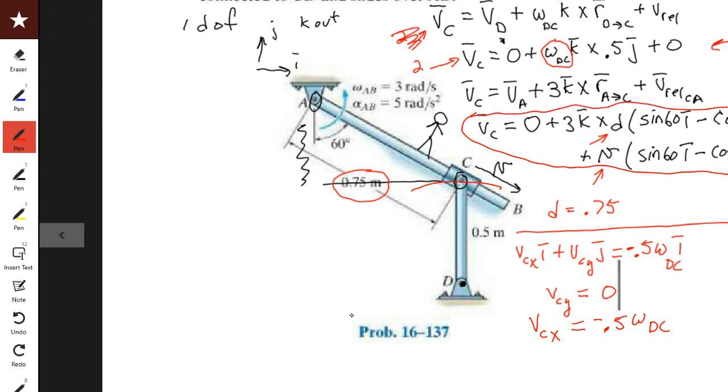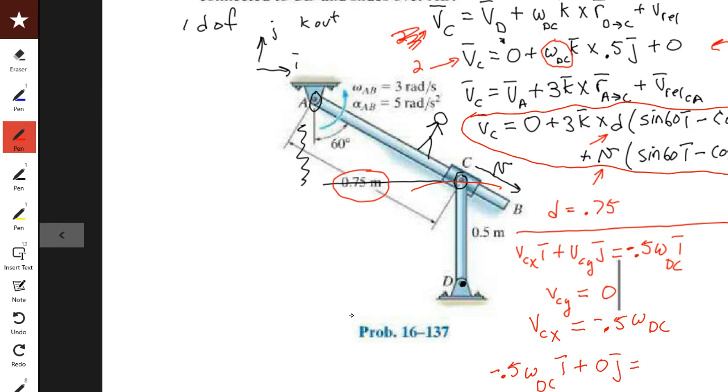Okay, so vc, well that is a minus 0.5 omega dc. That's vcx. That'll be in the i. Plus, what's the velocity of c in the y? 0, j. Okay, so that's the velocity of c. And that equals, let's do this cross product.